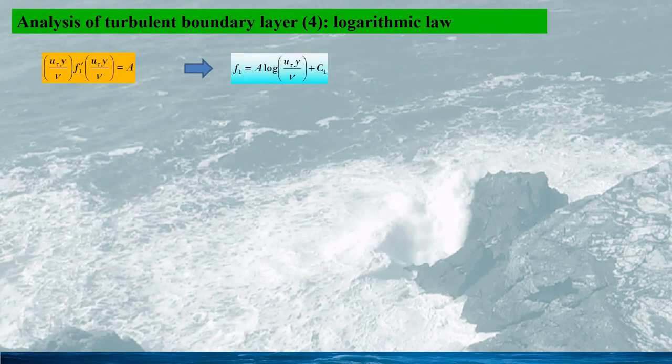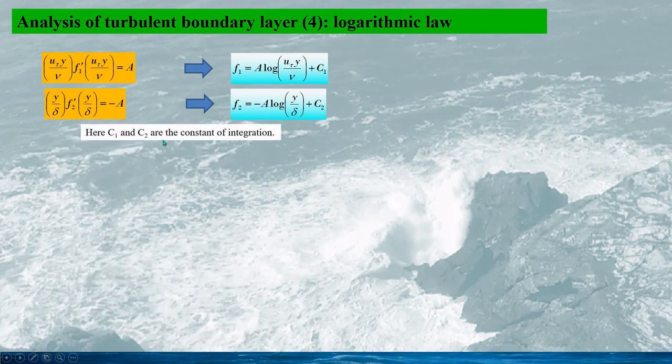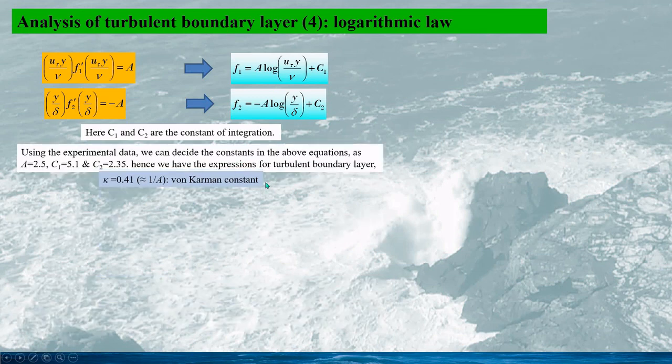Now we can integrate the first equation, so we have the function f1, and integrate the second equation, we have the function f2. Both c1 and c2 are the constants of integration. And using the experimental data, we can decide the constants in this expression.